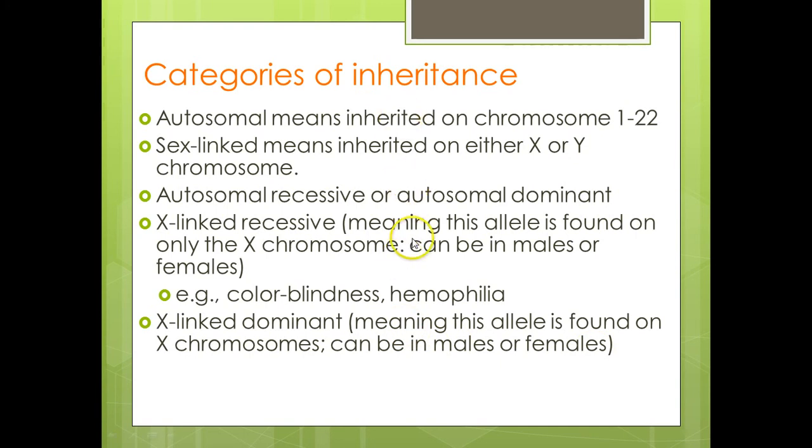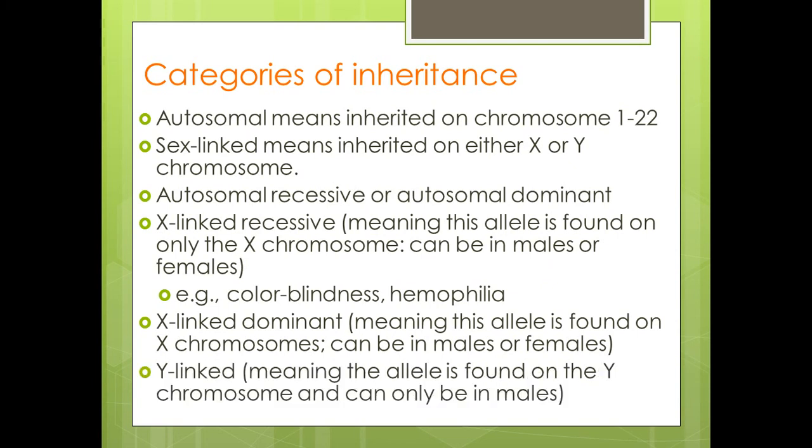In the X-linked recessive, that means in females, both X chromosomes have to have the recessive trait on it in order for a female to show that. But males, since they only inherit one X chromosome to begin with, if that one X chromosome has the trait on it, then they will show that trait.